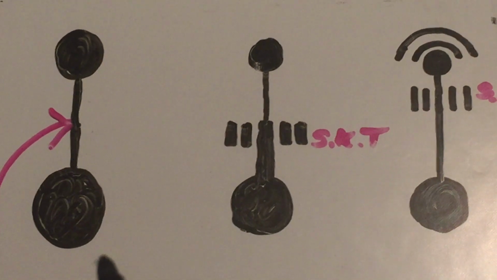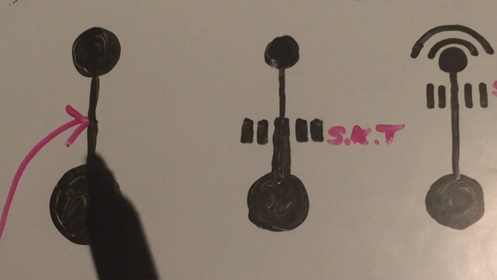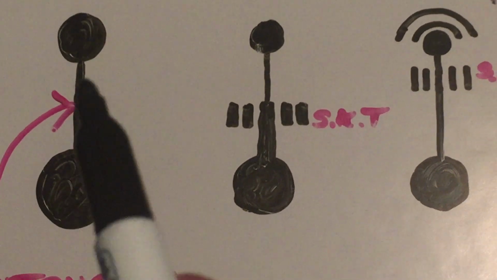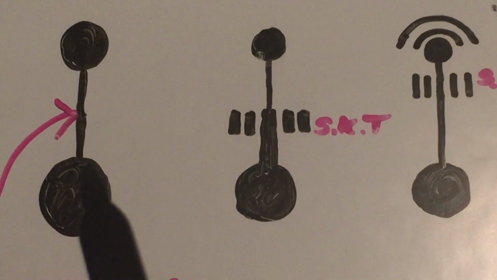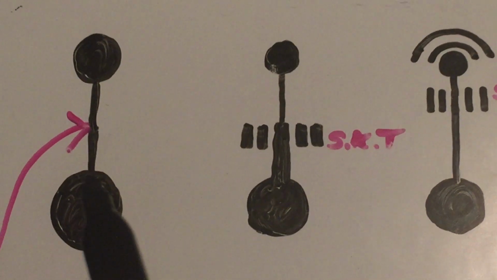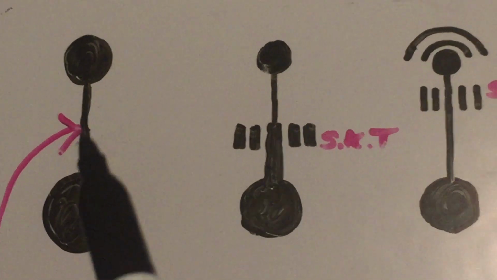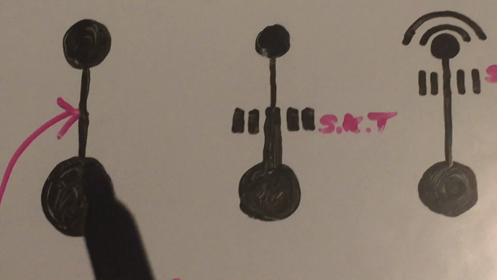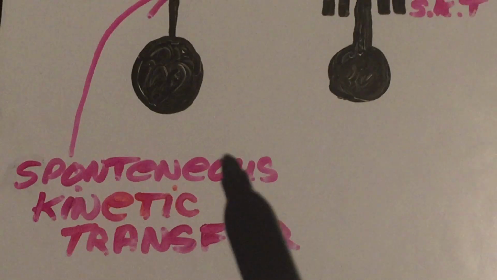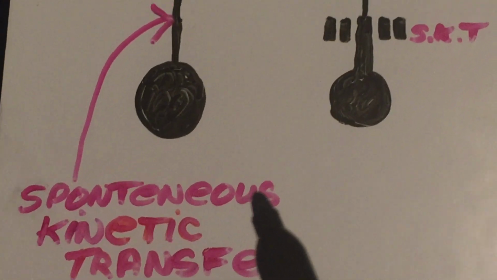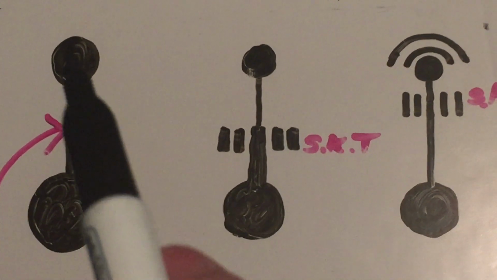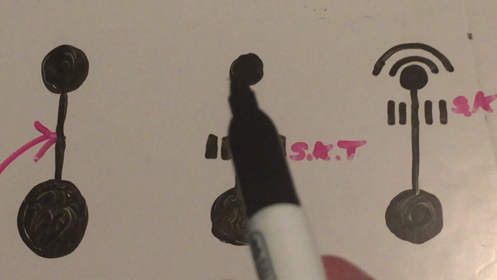So, continuing, we have this centerpiece here, which means connector. It's a channel for which one energy flow is moving to another. And this flowing channel here is a form of kinetic transfer, spontaneous, instant, and that moves in a form of timelessness, and I'll get to that in a moment.